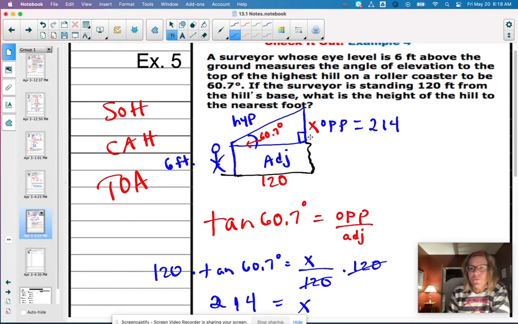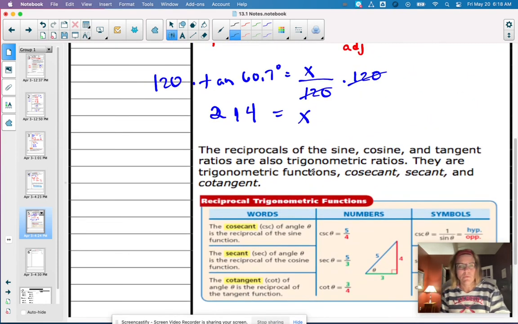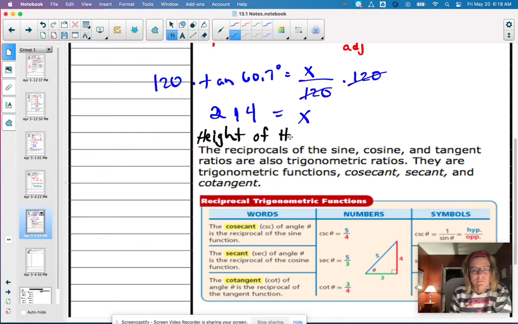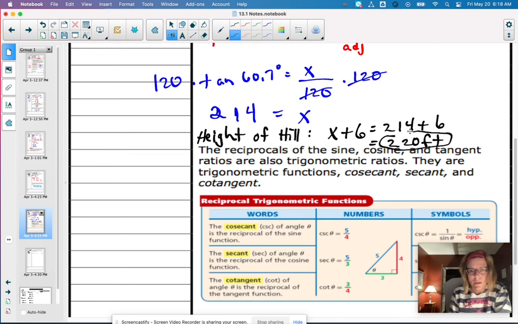The 214 is only the distance from here to here. Well, we already know the person is 6 feet. That's 6. So to get the total height of the hill, we have to take x plus 6. So 214 plus 6, which is 220 feet. That is the total height of the hill.